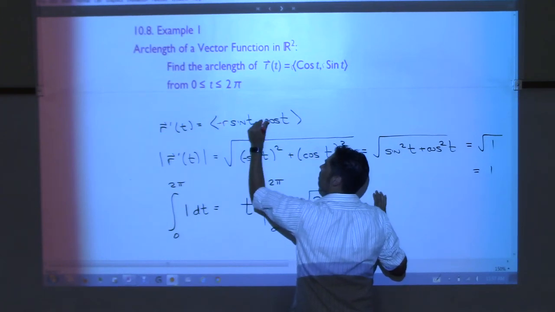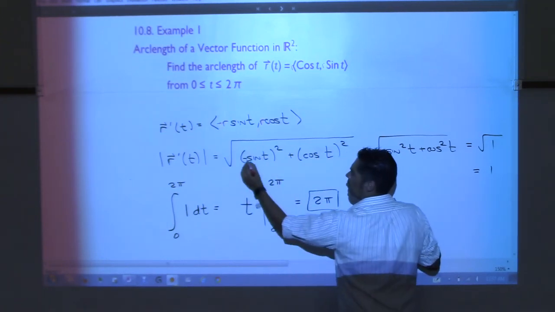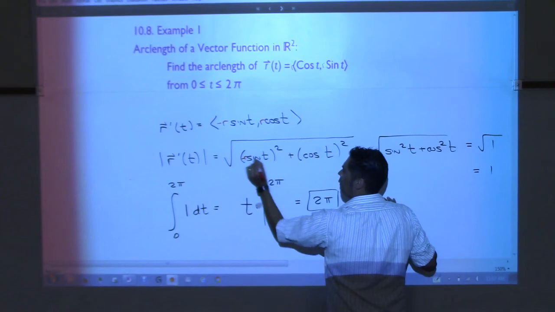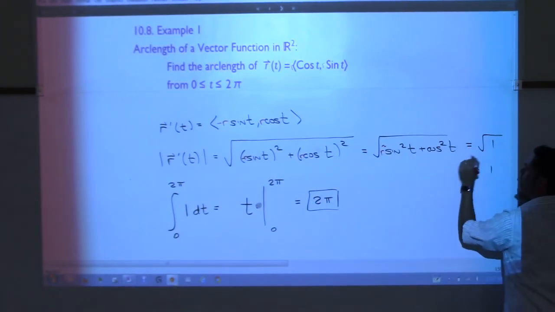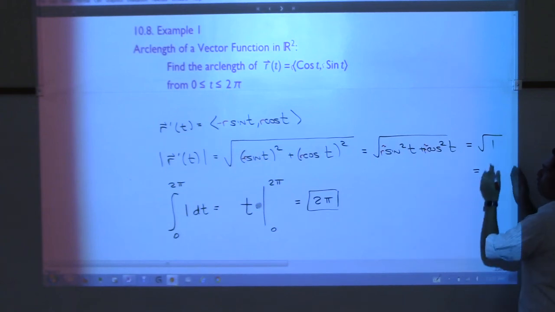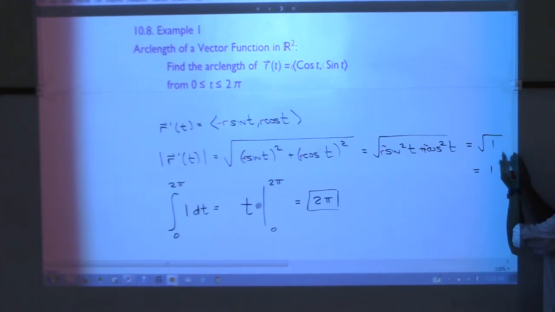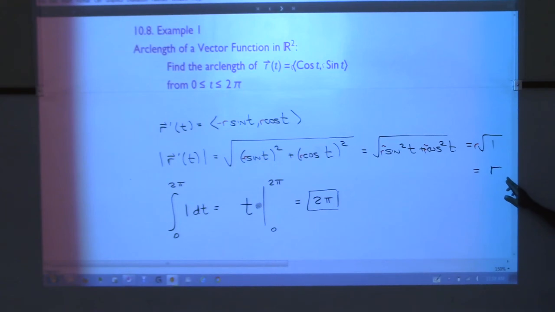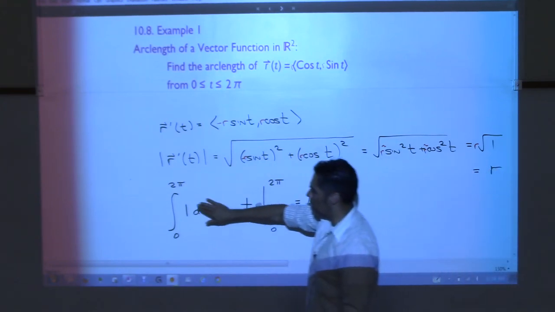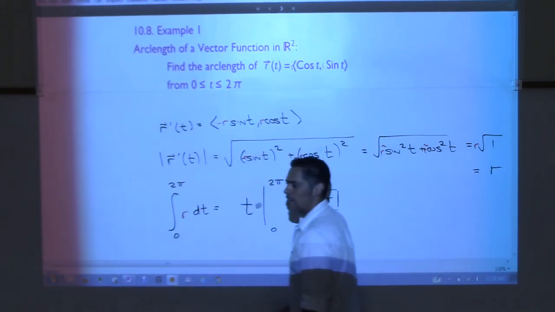Negative r, r, right? What would change here? R squared, r squared. What would change here? I could pull out the r squared and then pull it out of the root. So I'd have an r out here, and this would just become r, right? And so now I come over here and I'm integrating r with respect to t.